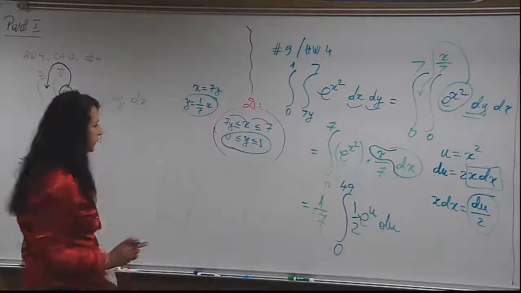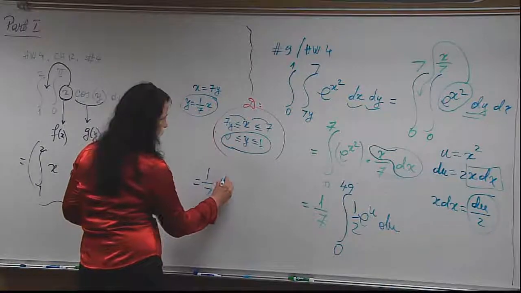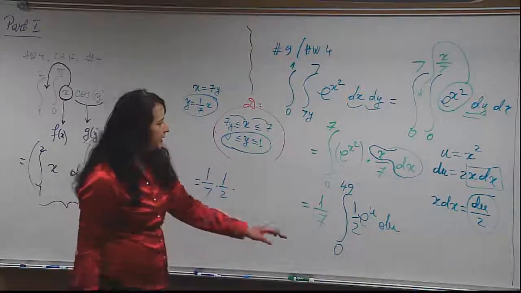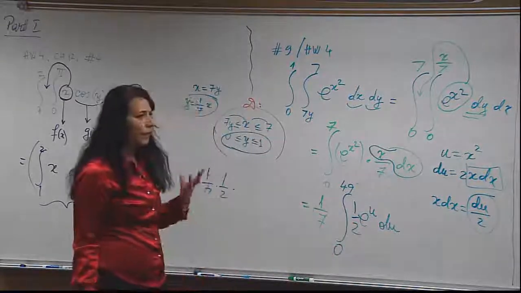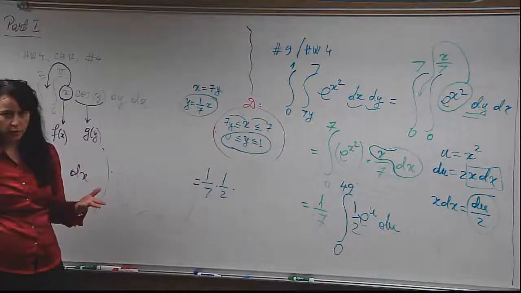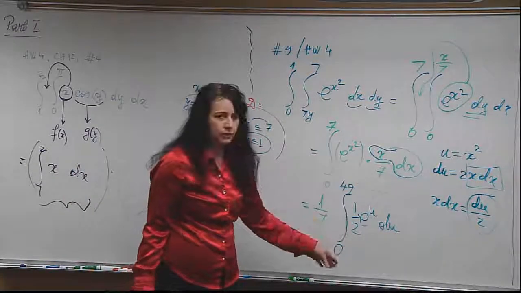Now, 1 over 7 got out, 1 over 2 got out, everybody gets out. And the guy in the middle who is left alone, the integral from e to the u du, what is he? E to the u. Between what values? Between 49 and 0.